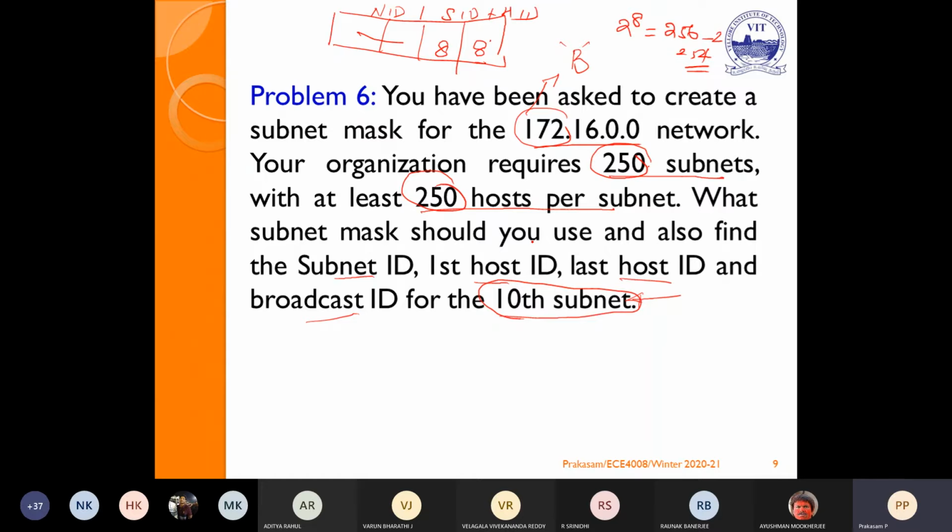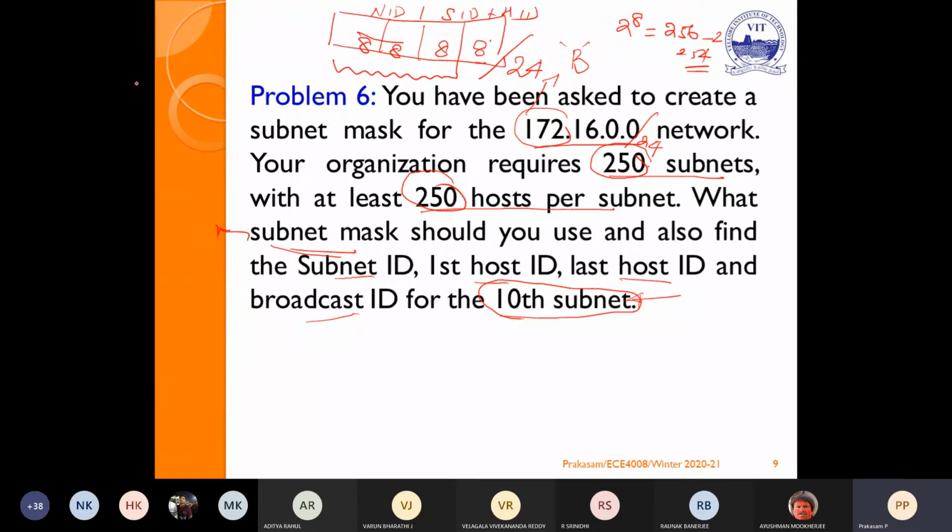So you have to identify this first. Next, the subnet mask. Subnet mask means the combination of network plus subnet ID. How many bits are we using for network plus subnet? 8, 8, 8, so slash 24. So 24 bits we are using for the subnet mask.